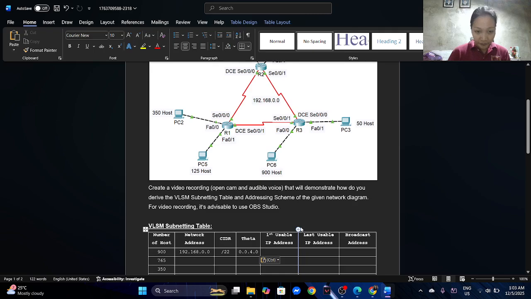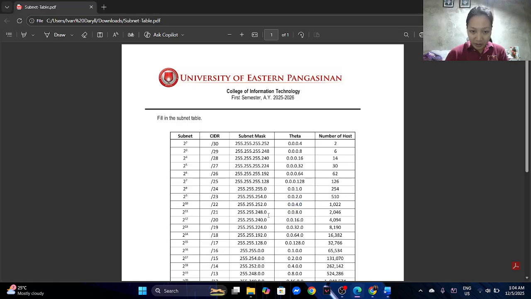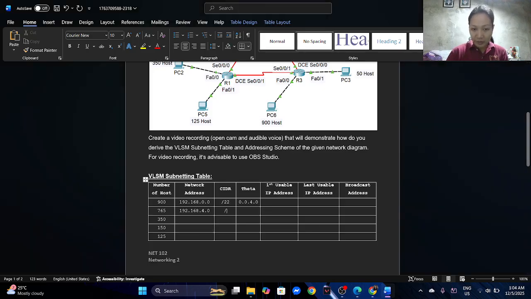So the next network address, of host 765, is 192.168.4.0. So number of hosts is 765. So the CIDR is still /22 since hindi naman pwede yung /23 for 510, same theta.